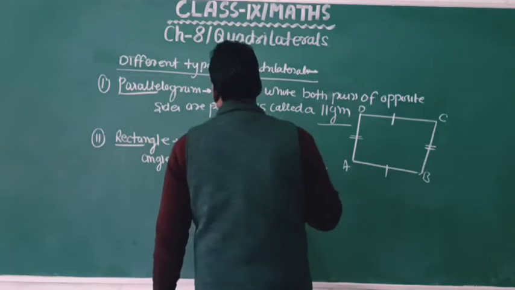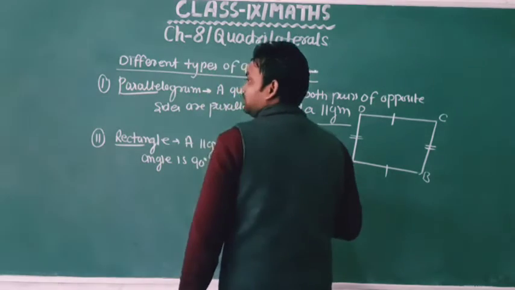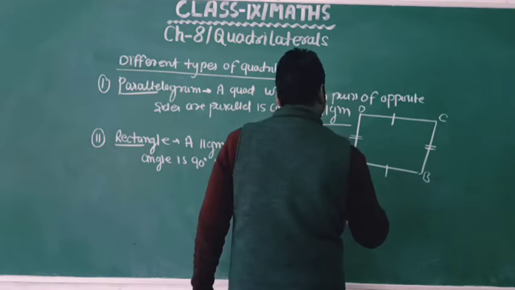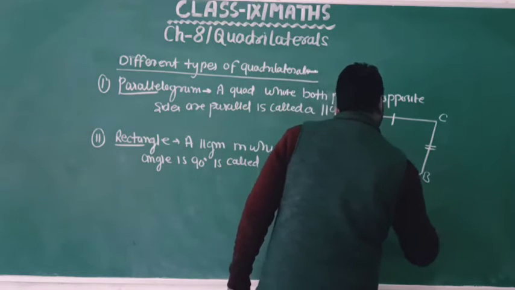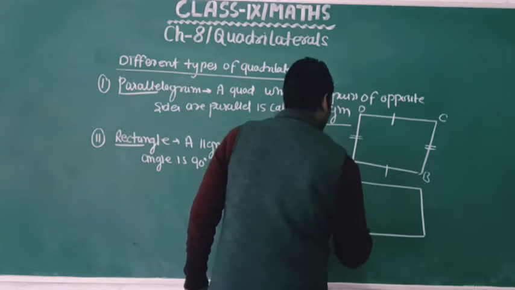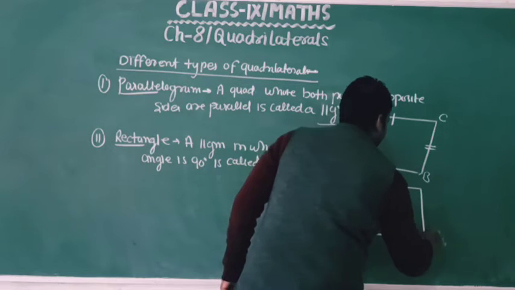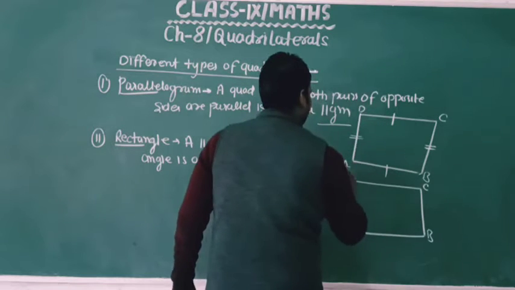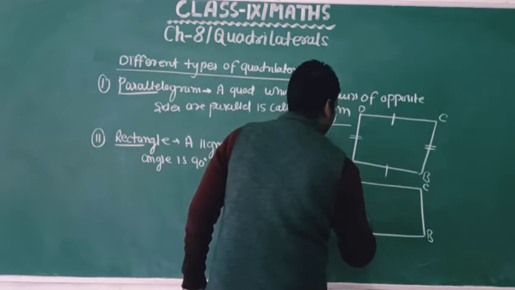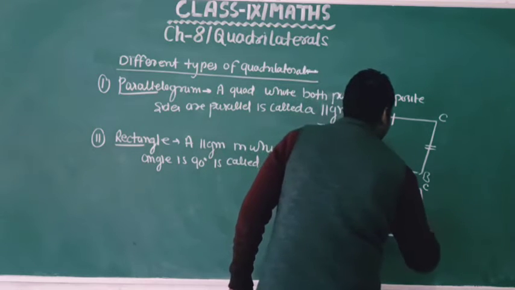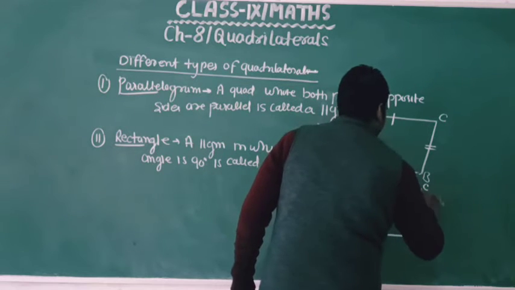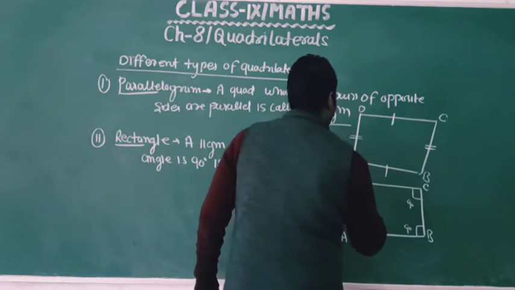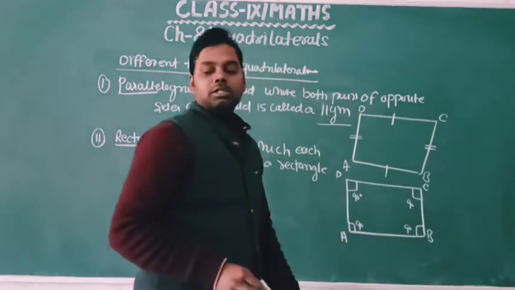A parallelogram becomes a rectangle when each angle is 90 degrees. So this is the figure of rectangle ABCD. Each angle is 90 degrees: this is 90, this is 90, this is 90. I hope this is clear.